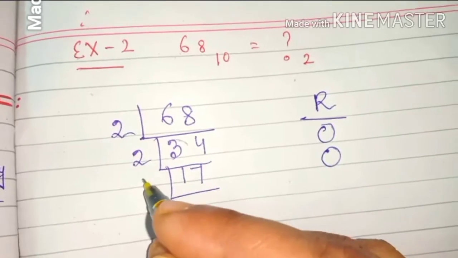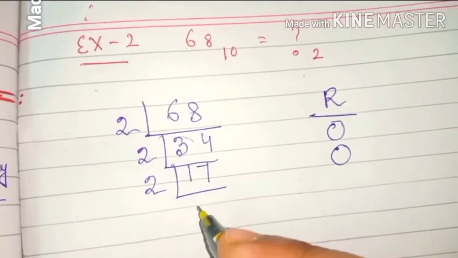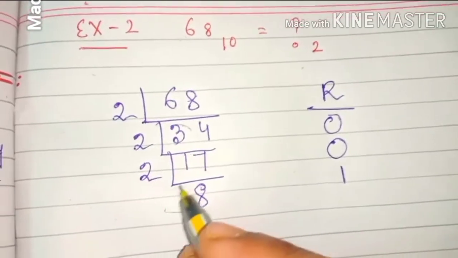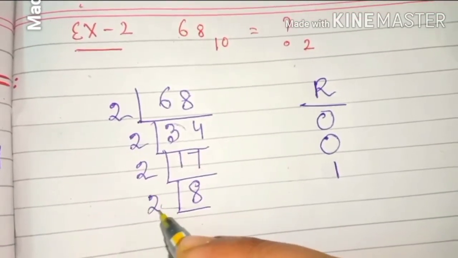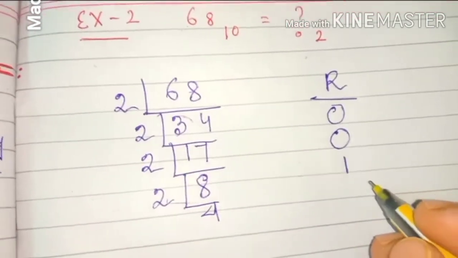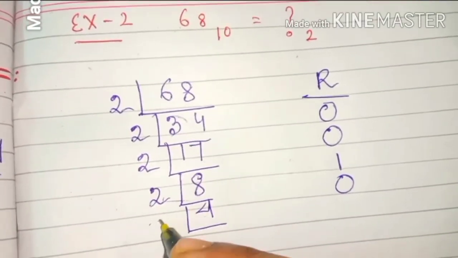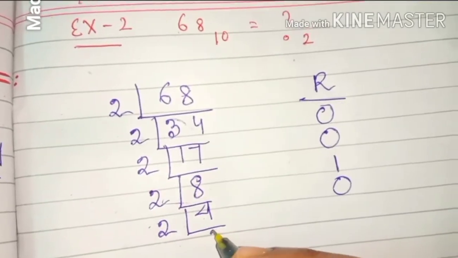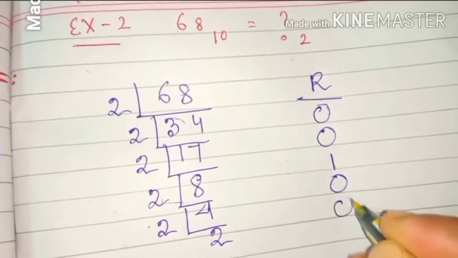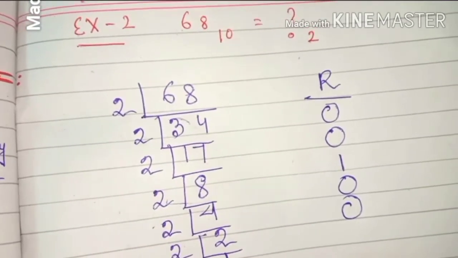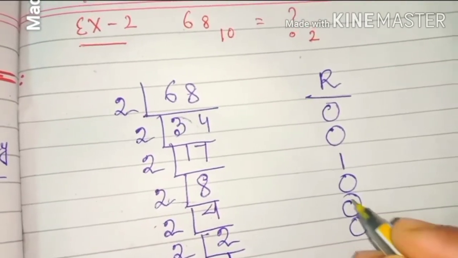Then 8, here you will get remainder 1. Then 4, the remainder is 0. Again divide by 2, 2, remainder is again 0. Again you divide, 1, remainder is 0.